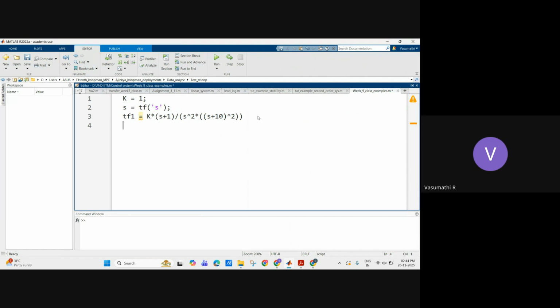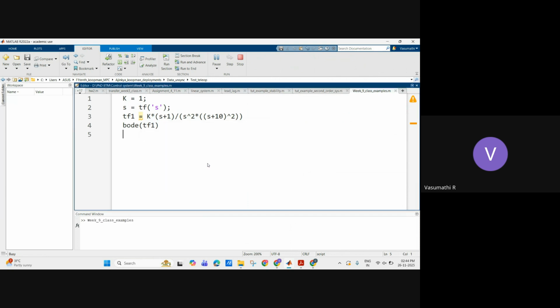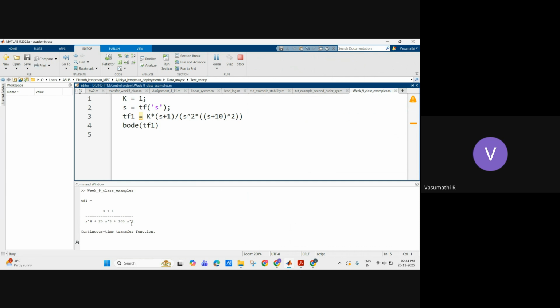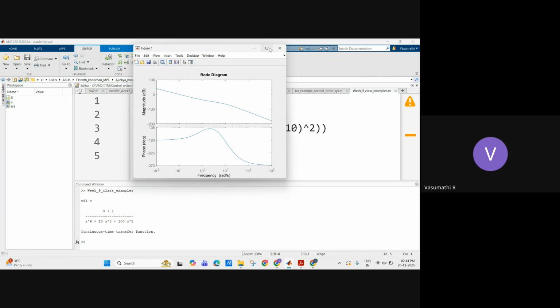We'll plot bode of TF1. Here is your transfer function, and the Bode plot is getting generated. So this is your Bode plot.